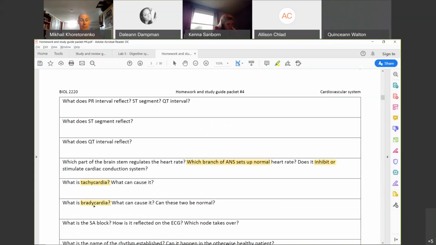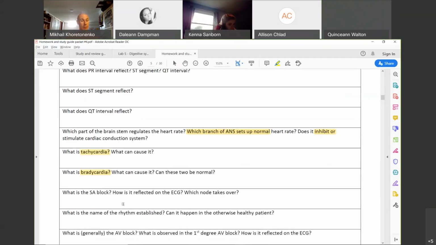Bradycardia, reduced heart rate, can be caused by acetylcholine or shock, massive vasodilation, calcium. Can this too be normal? Yes. Tachycardia in sports is normal. Bradycardia in athletes at rest is normal.